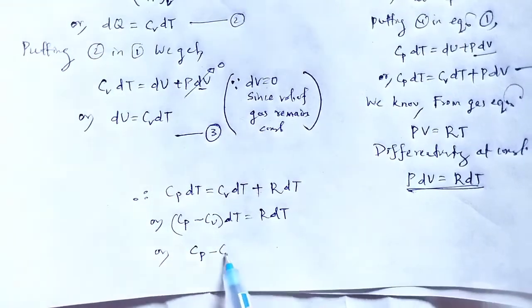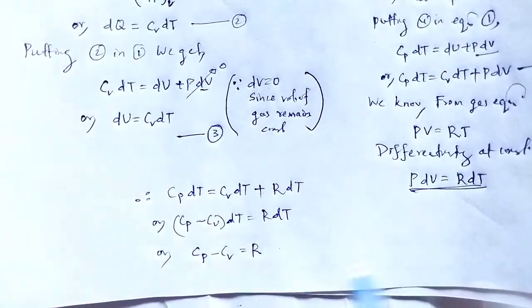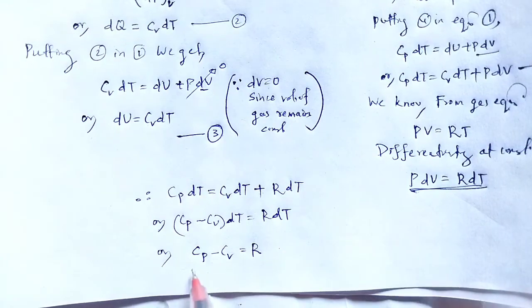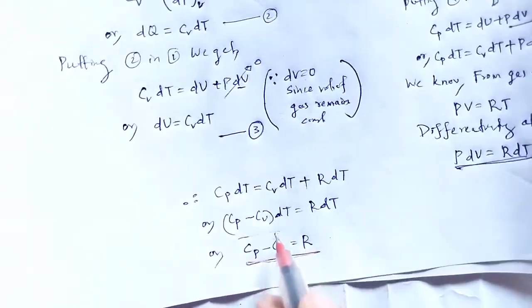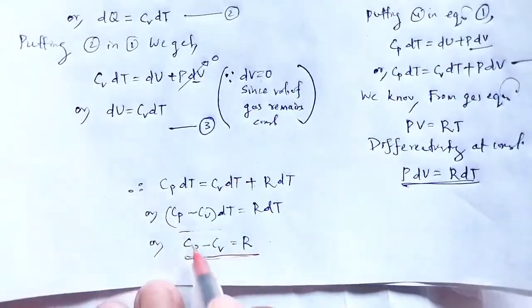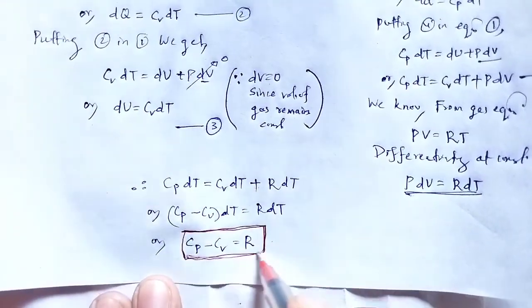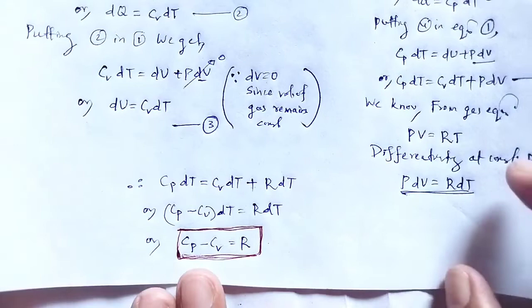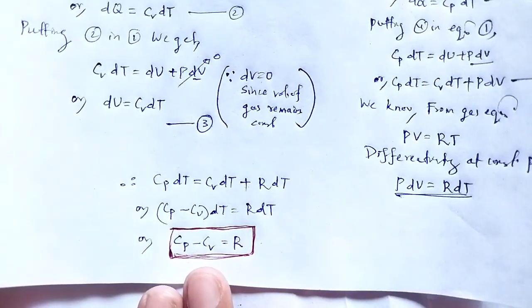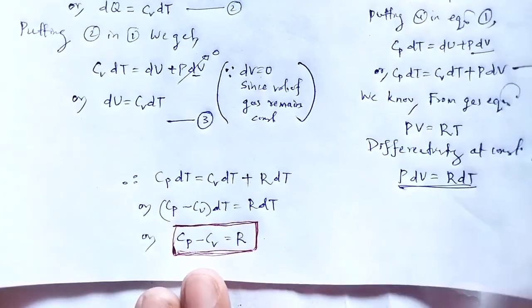So Cp minus Cv is equal to R. That is the relation between the specific heat of gas at constant pressure and the specific heat of gas at constant volume. R is the universal gas constant.